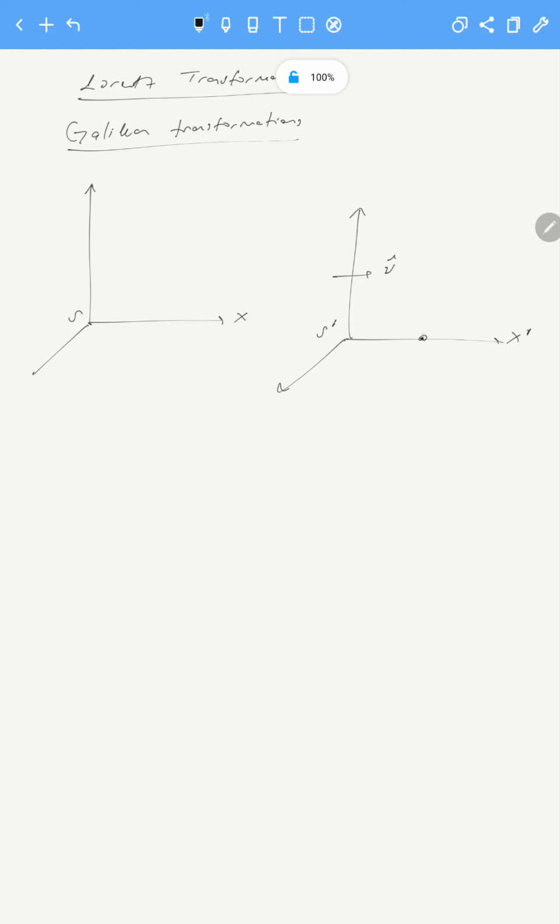So what happens is that we are trying to measure distances in the S prime frame, in every direction, and we are going to relate those to the S frame's measurements.